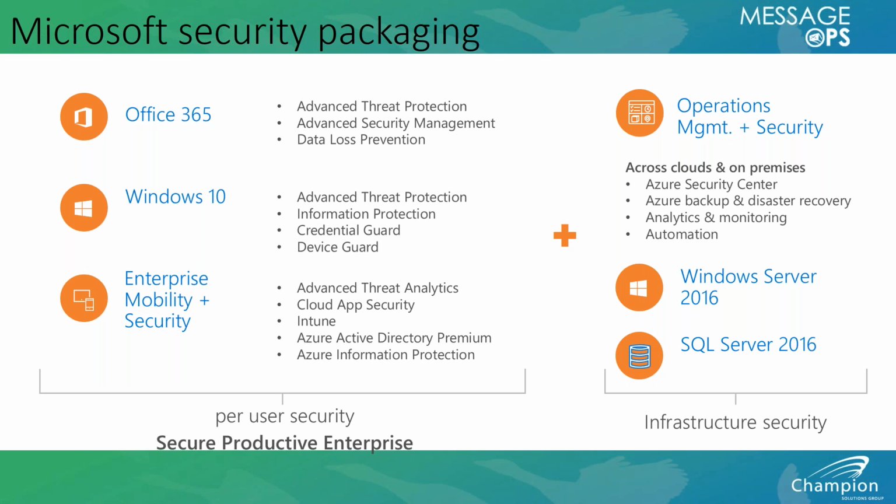So we have Office 365. SHI and Champion are huge advocates of Office 365, moving your email, your contact management and so on up into the cloud. It makes it easier on you in the long run, just from a total cost of ownership, being able to onboard and offboard people.